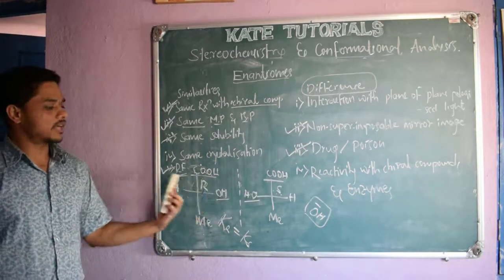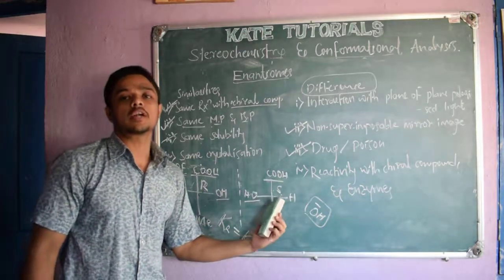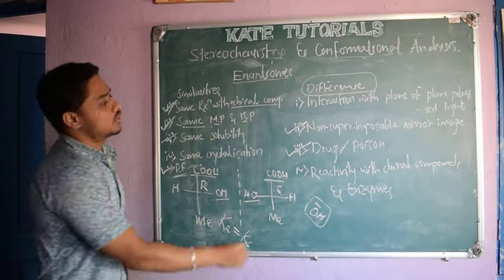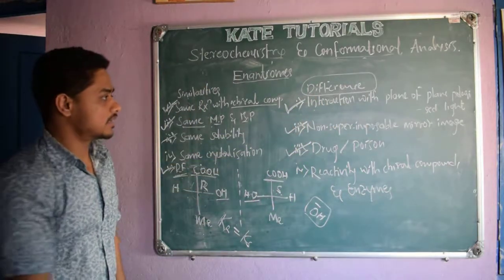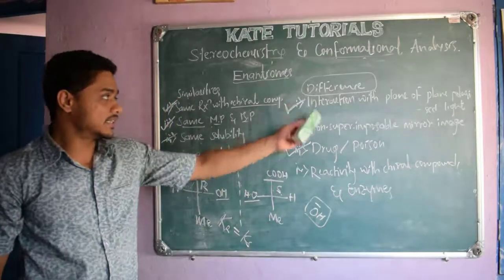So one will rotate anti-clockwise, left side, and one will rotate clockwise, that is right side. So they differ in interaction with plane polarized light. They are non-superimposable. These are the differences.